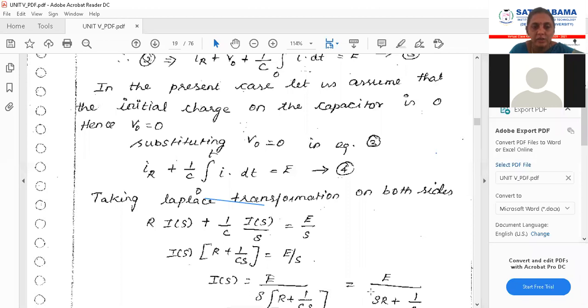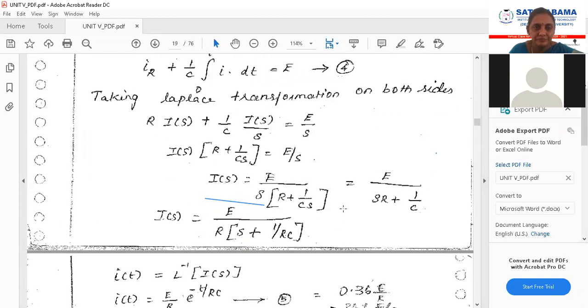Now see, I'm going to take the Laplace transform here. IR, when I take the Laplace transform, will be R into I of S, plus 1 by C into the integral of I dt. Integral means you put 1 by S, so you write 1 by C into I of S by S is equal to E by S. Now rearrange and solve this.